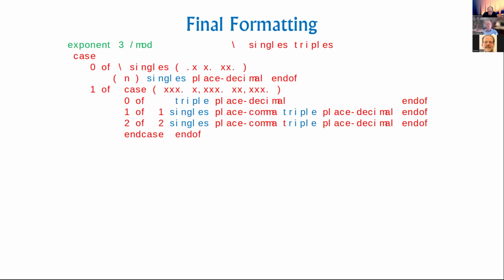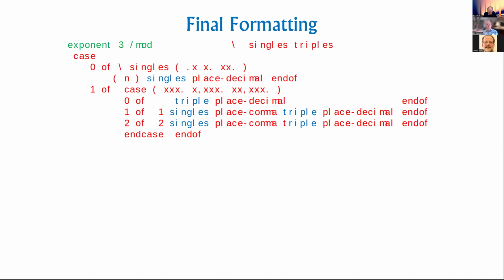Next case, if we have a number 100 and above, 100 and above is 3 decimals. So it could be 100, 1,000, or 10,000 in that range. In this case, then we look at how many singles there are, and we can have 0, 1, or 2. So the words there very nicely parse out into handling the 3 different cases.